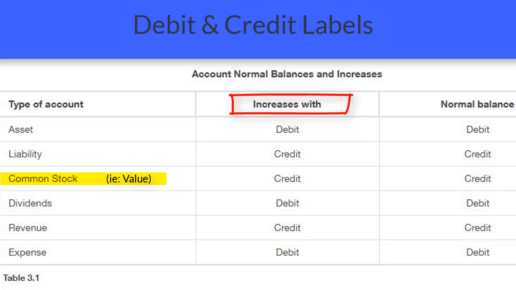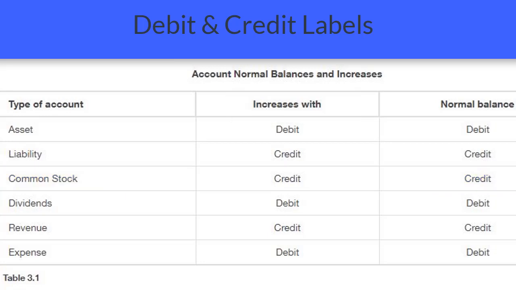That increase in value is labeled a credit. That's why common stock and revenue on table 3.1 are labeled credits when they increase.